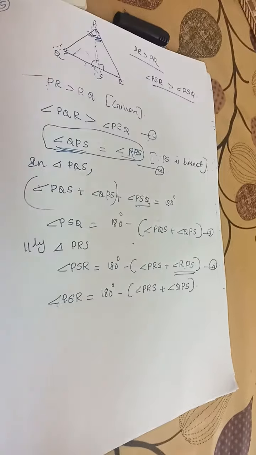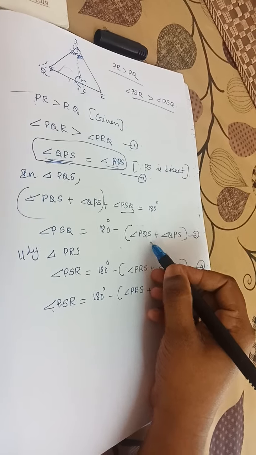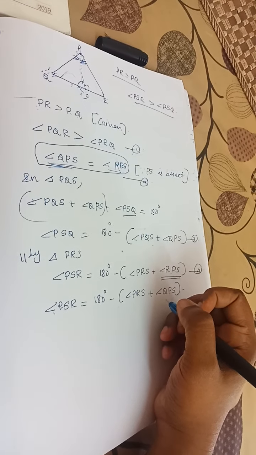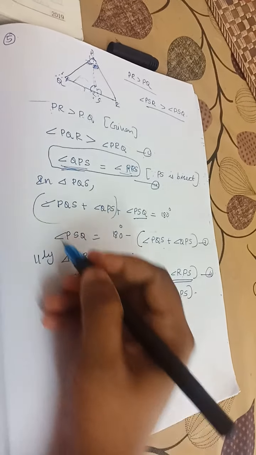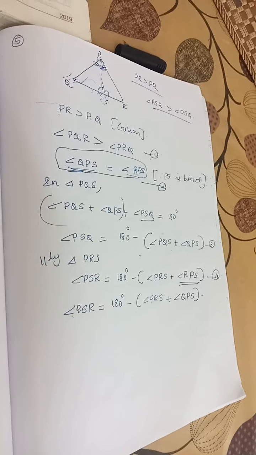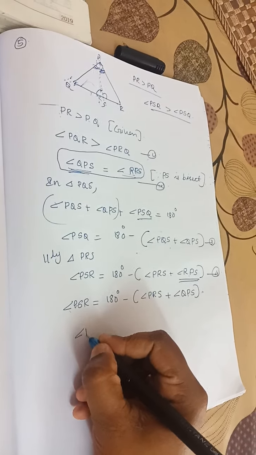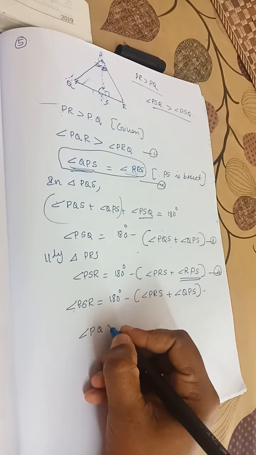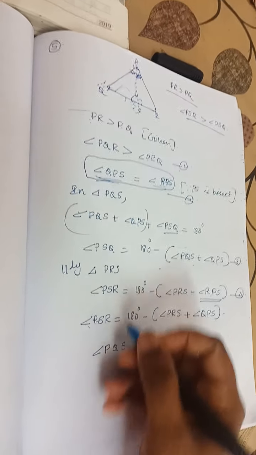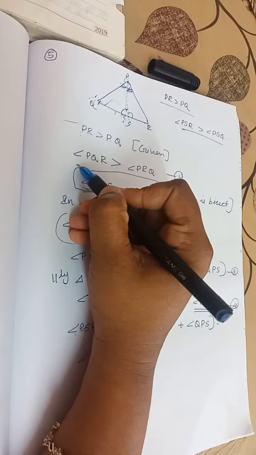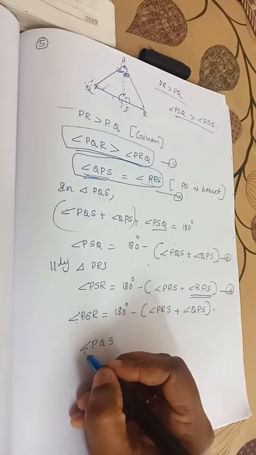So if you check these two equations, one is this one and the other is this one. From here we got angle PQR is greater than angle PRQ, correct?